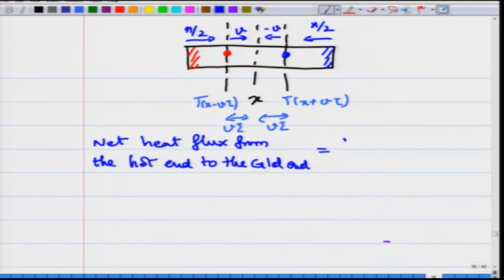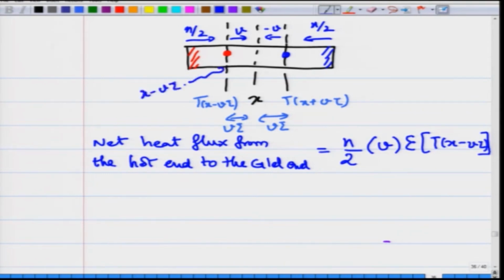It will be n by 2 into v into the energy which is determined at the temperature T at x minus v times tau. n by 2 is the density of electrons which are moving from left to right, v is the mean speed of these electrons, and E is the energy of the electrons, determined by the local temperature present at x minus v times tau, the hot end side, because those are the ones which will carry the energy.